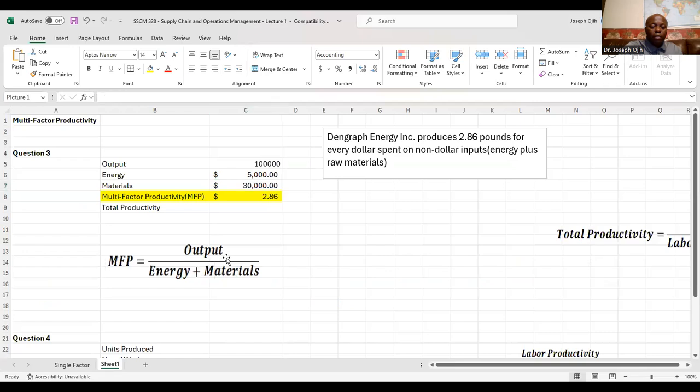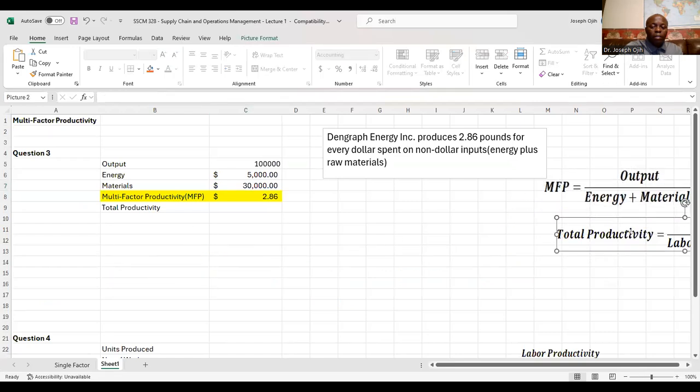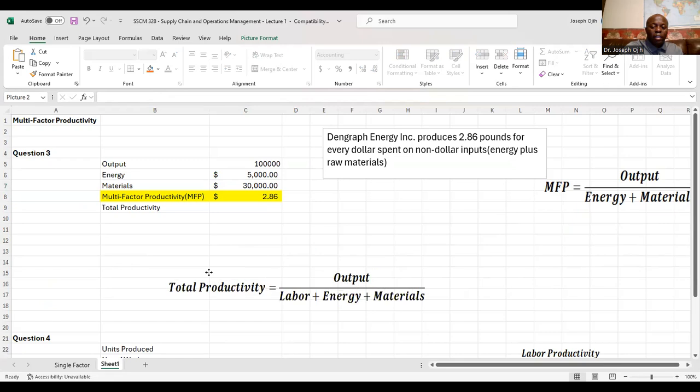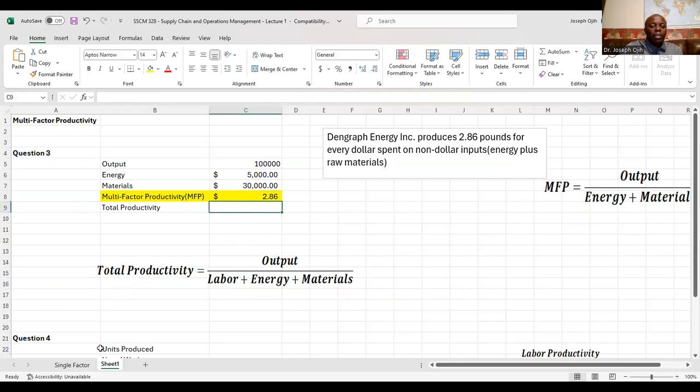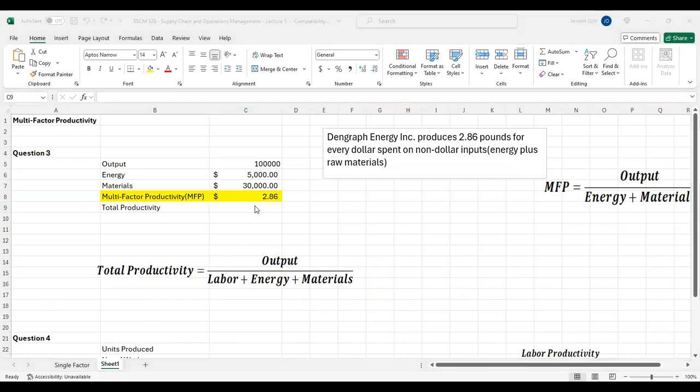I'll remove this one so I can show you the formula and how it works. Output divided by labor plus energy plus materials. To calculate it, we need the output.